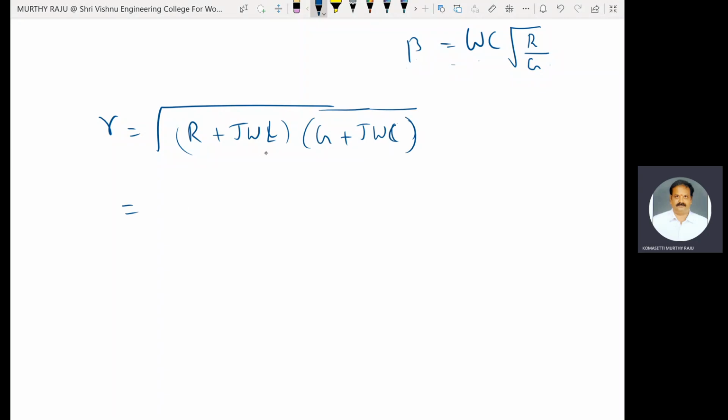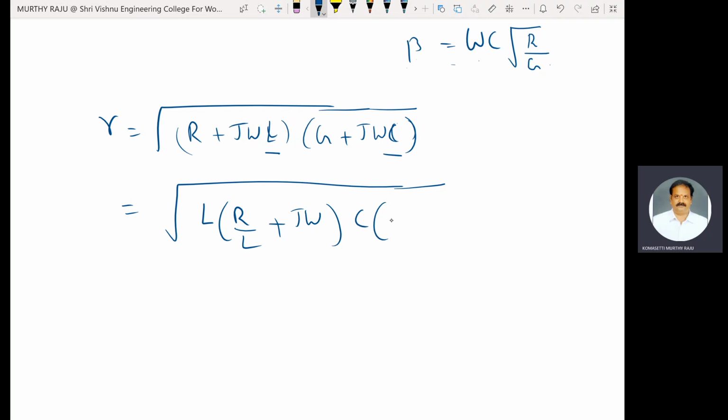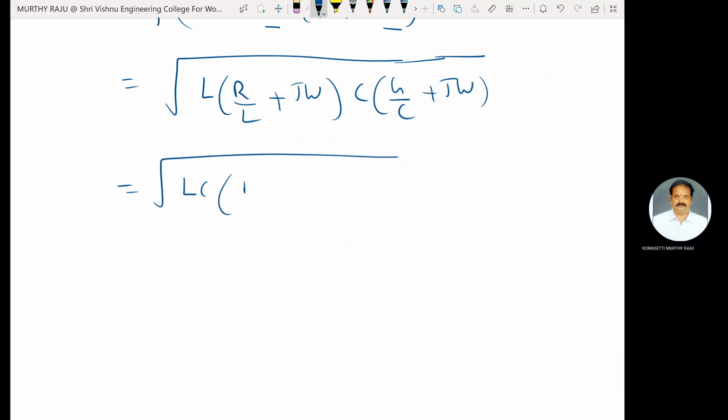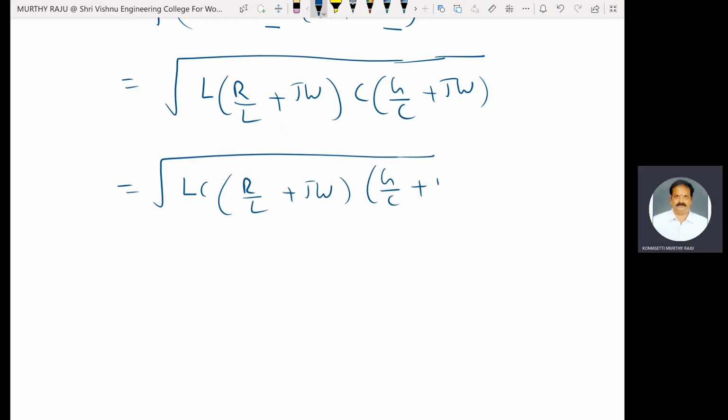Here, the common terms are L and C. Therefore, L into (R by L plus j omega), C into (G by C plus j omega). That is equal to root LC (R by L plus j omega)(G by C plus j omega).